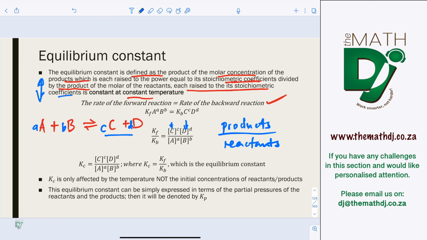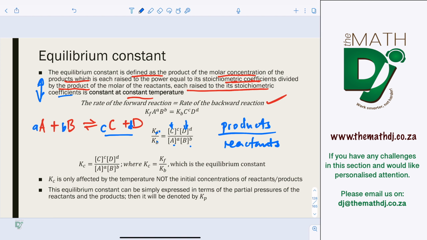But for reaction orders, these are experimentally calculated. But in this case, for equilibrium, we use the stoichiometric coefficient. So C and D, we raise them to their power, which is the same for A and B. Remember, these brackets are molar concentration. Then these are the reaction rate constants.